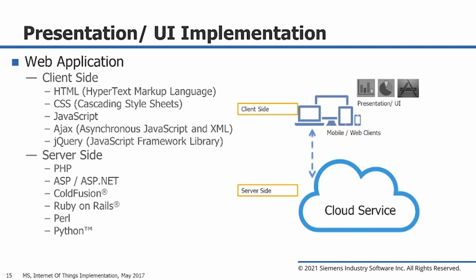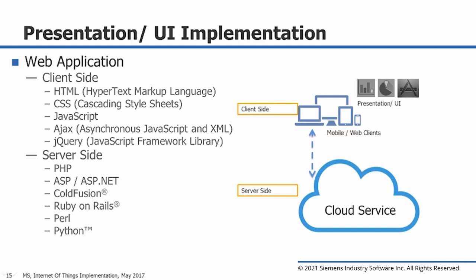The other part of the application is the one that runs on the application server hosted on the cloud. Previously, we discussed cloud receiving data from devices, storing and analyzing it. Then the processed data is fed into application servers so that it can be sent to client devices for human interactions. On the client side, you have various technology components, for example, HTML, style sheets, JavaScript, Ajax, or jQuery frameworks to write your application.